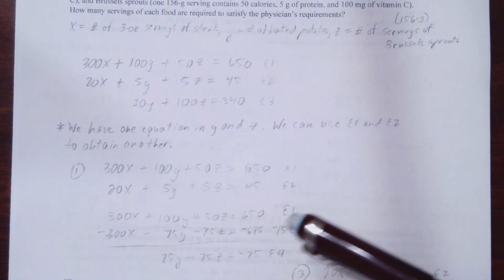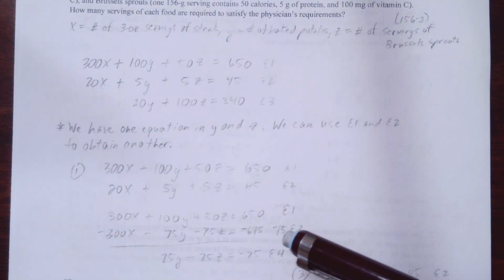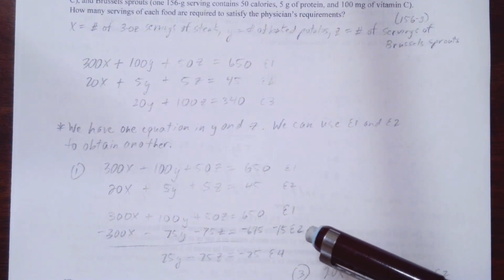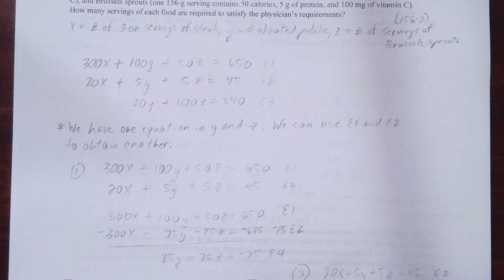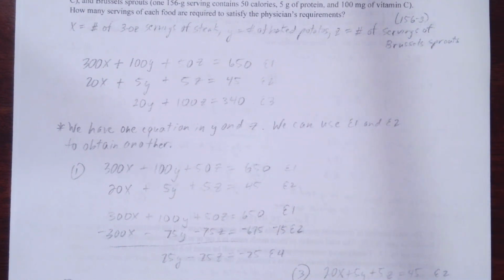So I multiplied equation 2 by negative 15. When I added the equations together, I get 25y minus 25z equals negative 25. And that's equation 4, which we're going to use with equation 3 to find y and z.